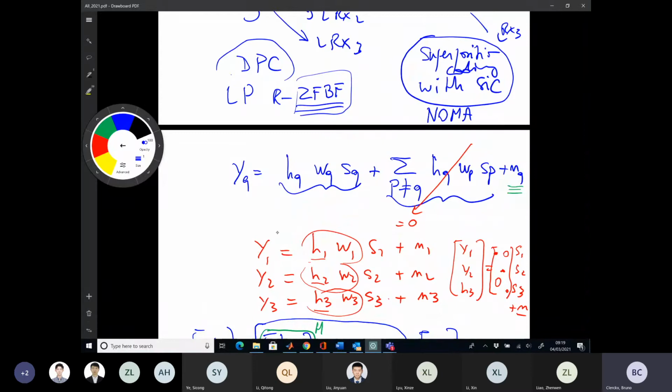So that means user 1 will achieve a single user rate that essentially is log2(1 + SNR), right? And the SNR will be proportional to |H1 W1|^2 divided by the noise power, right?